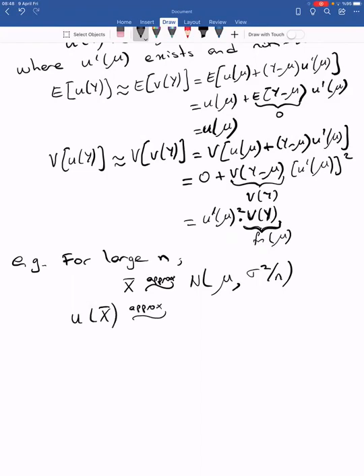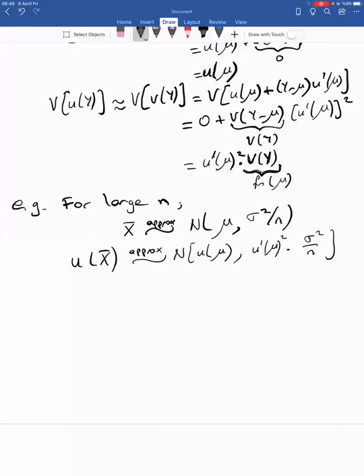This is also approximately normal, because when we approximate it by v(y), it will be a linear function of x bar, and we know that any linear function of a normally distributed random variable is also normal. So using that, we get the mean as this one, and the variance as the square of the derivative times the variance of y, which is sigma squared over n. Basically, we need to get rid of sigma.